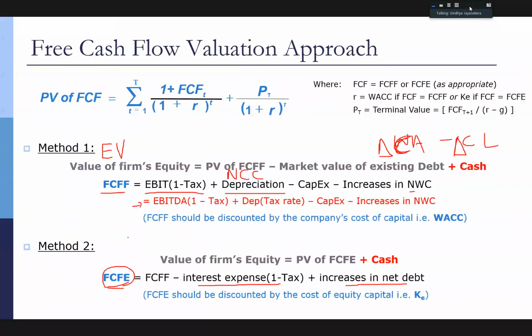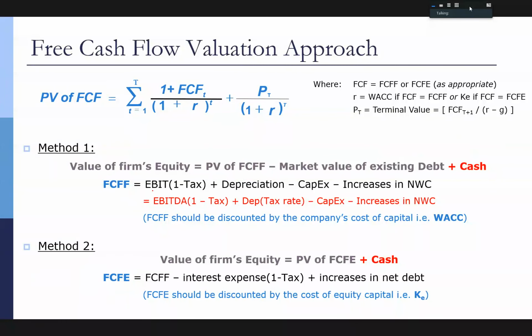Now, all this time, the equations that have been given to you are EBIT and EBITDA. Now you have net income. So how do I start? If I have net income to start with, not EBIT or EBITDA, because I have my actual taxes with me.